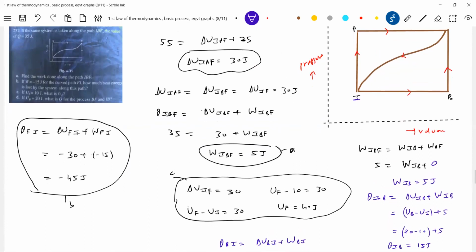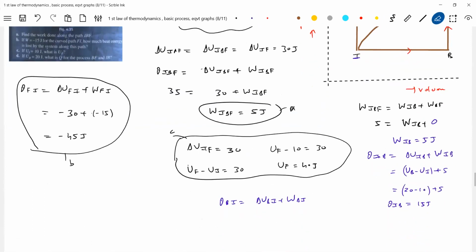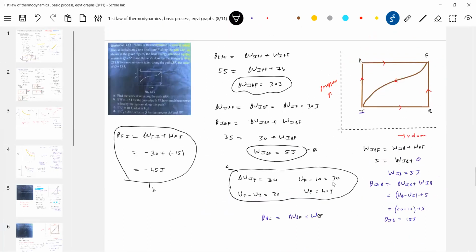Similarly, we'll go for Q_BF, sorry, which we have not written yet. Now let's get into the last part of the problem. We don't know Q_BF, that is what is asked. So shall we write U_F minus U_B.